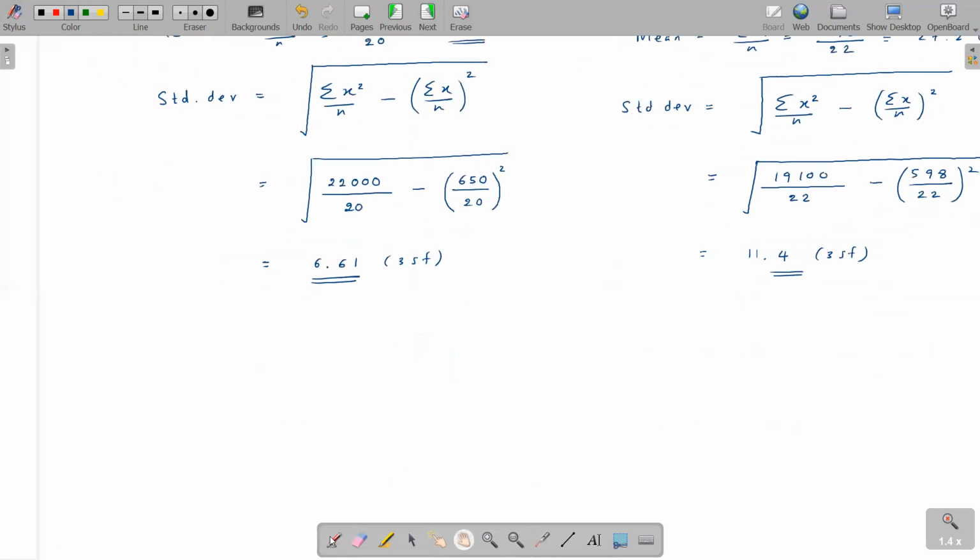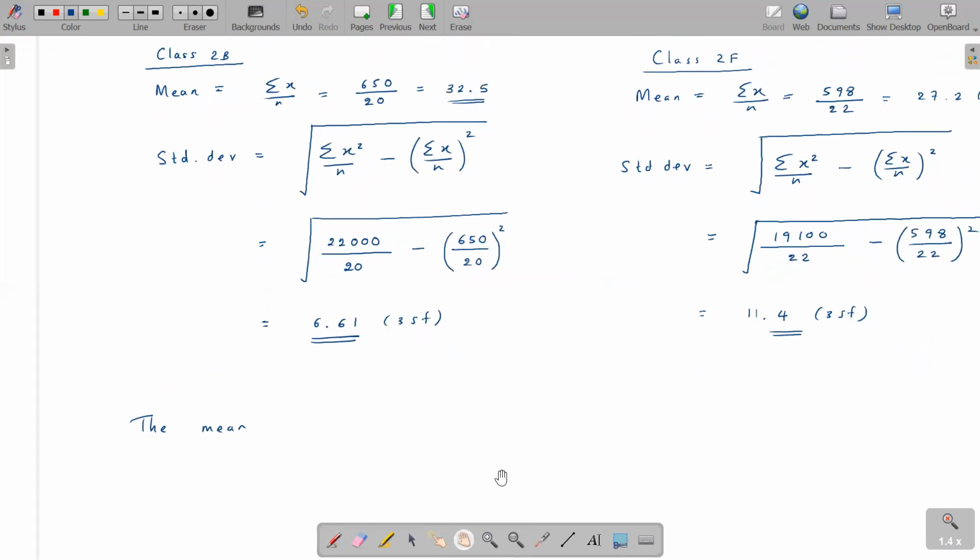So you can give a general observation here. You can say the mean time taken by class 2B is higher in comparison to class 2F. What does this mean?